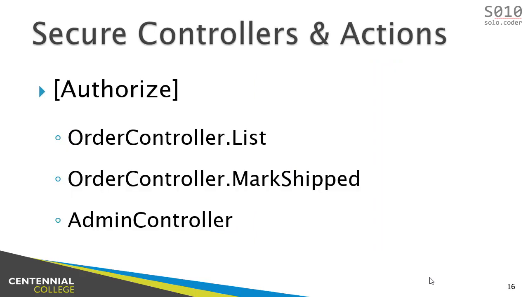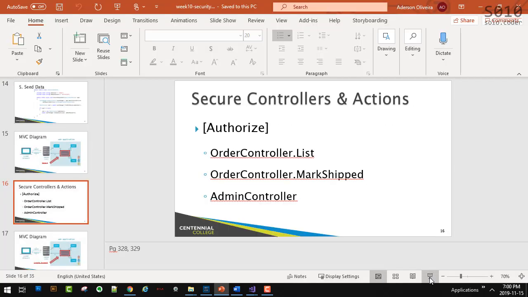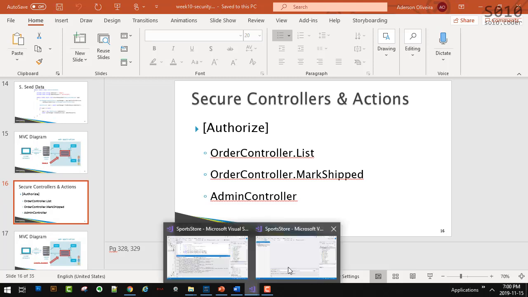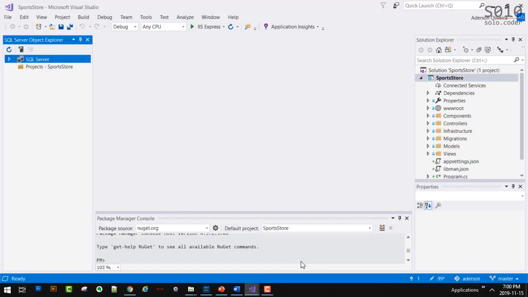And you're going to see how we do that. Well, again, we're going to be securing the list action. Actually, before I show you this, let me show you the end result. What is it that we are working towards, okay?